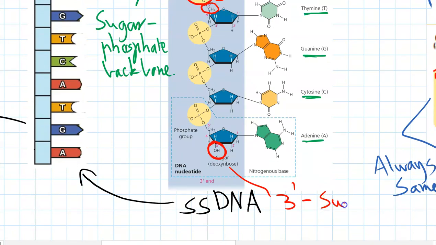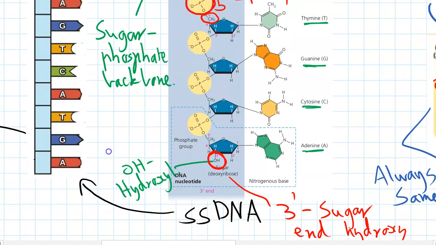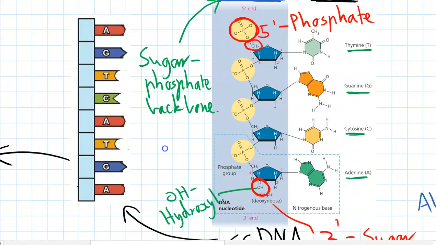So it's the sugar end, or it's sometimes called the hydroxy end, because this chemical group here of OH is called the hydroxyl group. An oxygen added to a hydrogen. Okay.